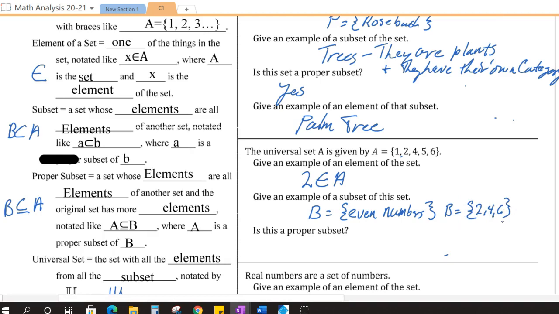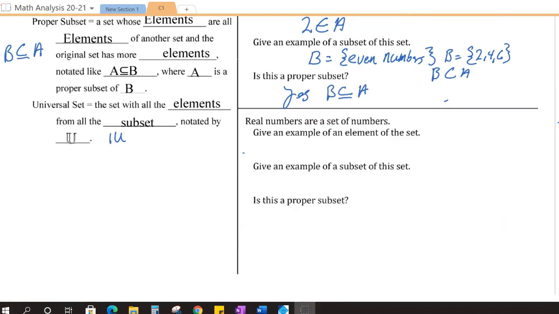Now we didn't have to choose even numbers, we could have said any of them. And we would say that B is a subset of A. Now, is this a proper subset? Yes, of course it is. Even numbers are their own set within the original set A. So we'd actually write it B.